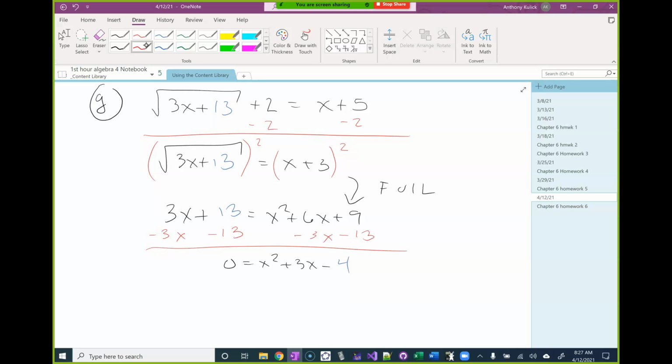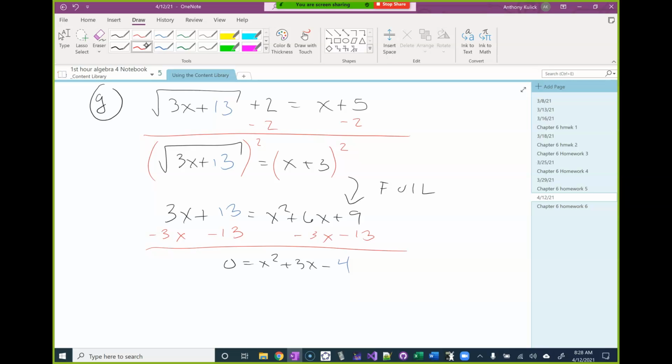So you could use the quadratic formula, or you could try to factor this. Since the leading coefficient is 1, it should be easy to factor if it's factorable. That might be a little bit faster than the quadratic formula, although that would still be correct. But let's check to see if we can factor it first.